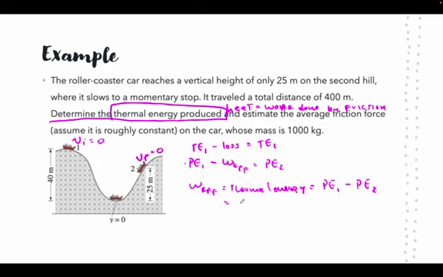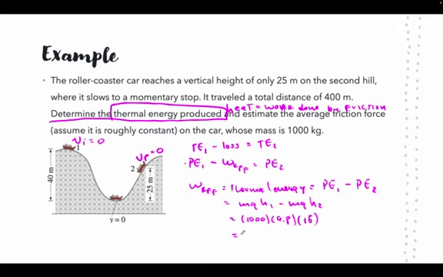So this is going to be equal to mgh1 minus mgh2. This is going to be equal to 1,000 times 9.8 times 40 minus 25, 15.